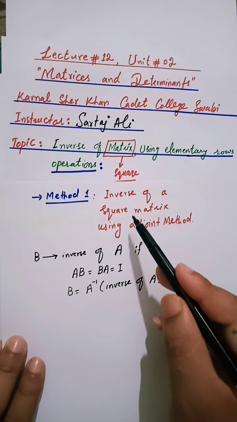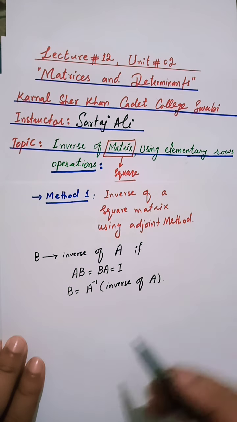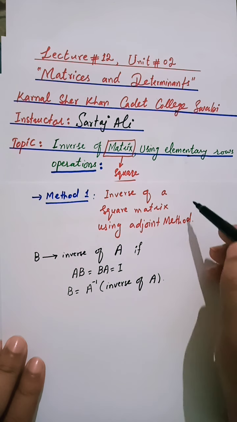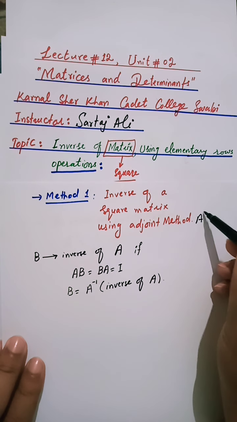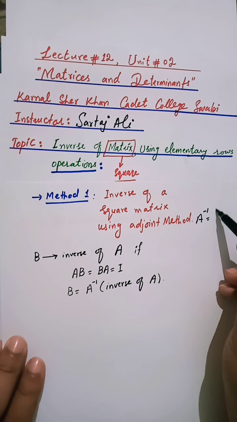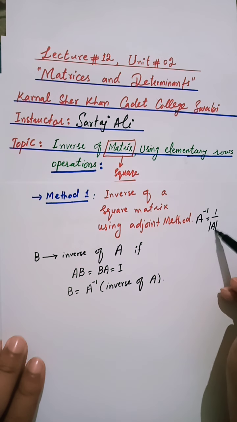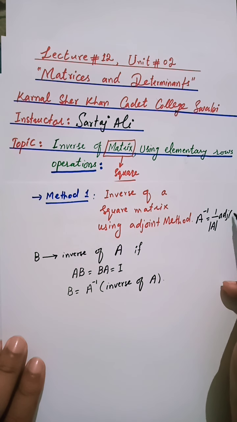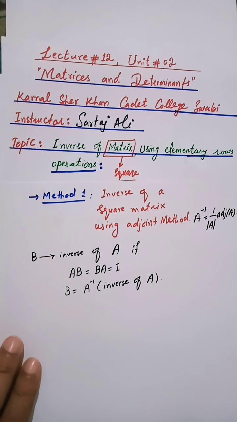In this method that we already discussed, the inverse of the given matrix A is equal to 1 divided by determinant of A into adjoint of A. We use this result to find the inverse of the given square matrix.